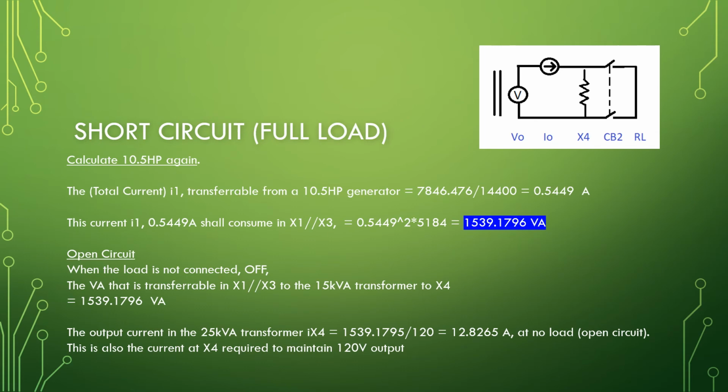Calculate 10.5 horsepower again. The total current I1 transferable from a 10.5 horsepower generator equals 7,846.476 divided by 14,400, equal to 0.5449 ampere.